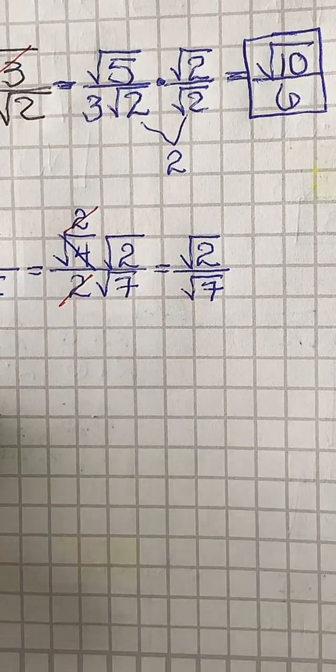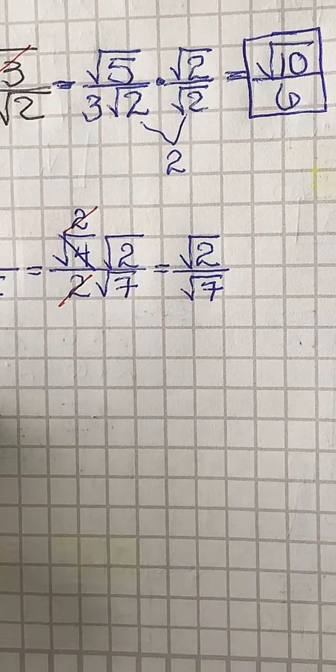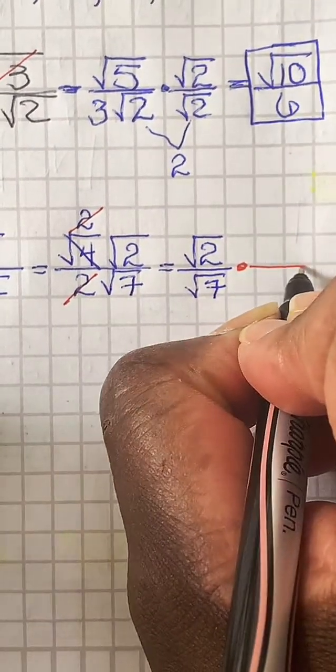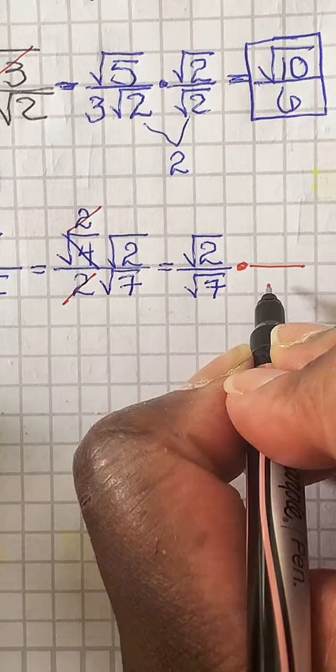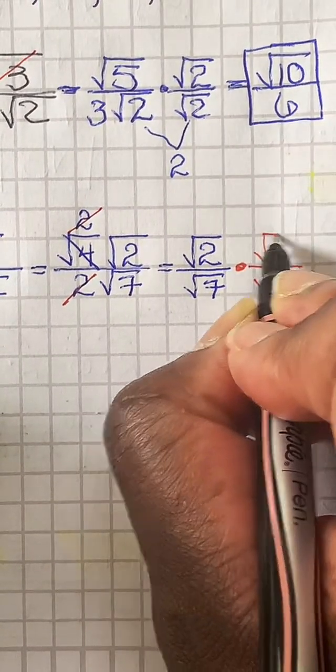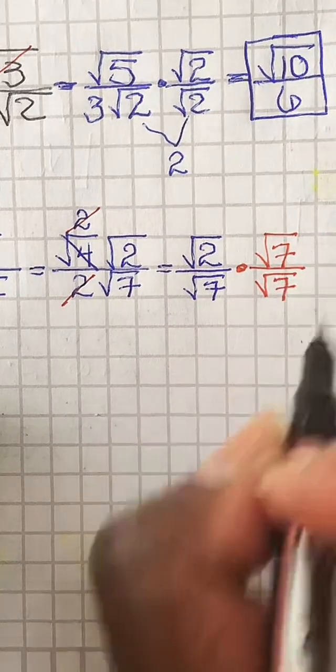So that means I need to multiply the numerator and the denominator by this radical that's currently in the denominator, because we want to get rid of that square root of 7.